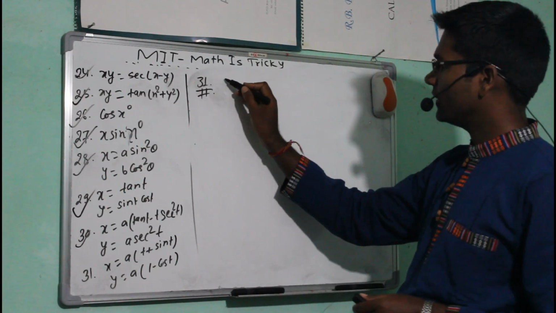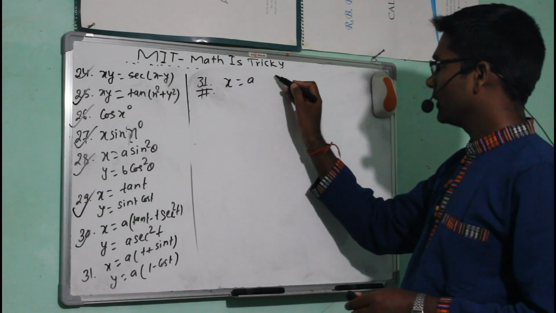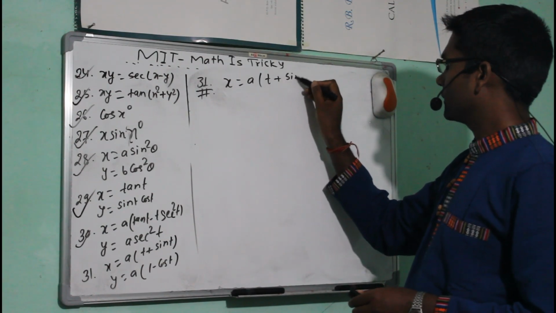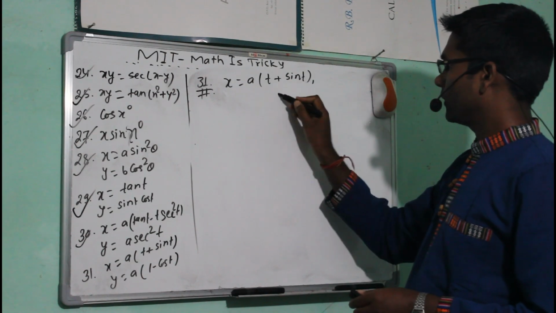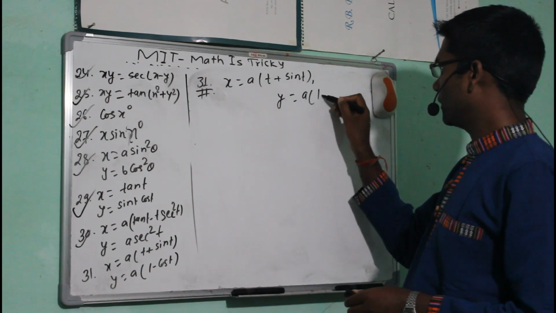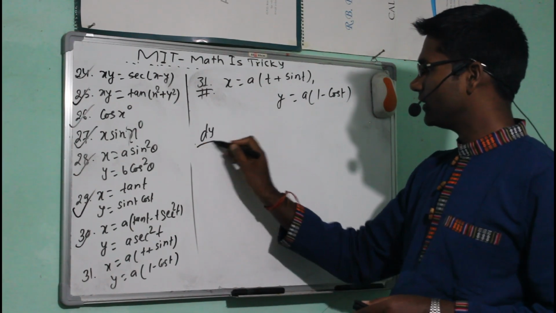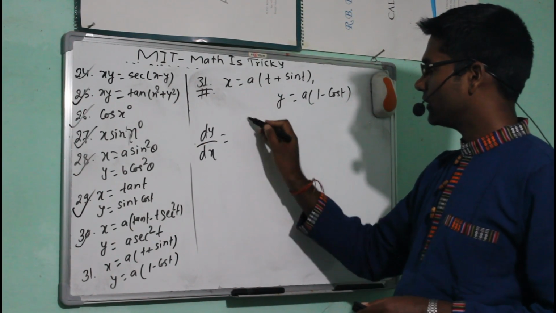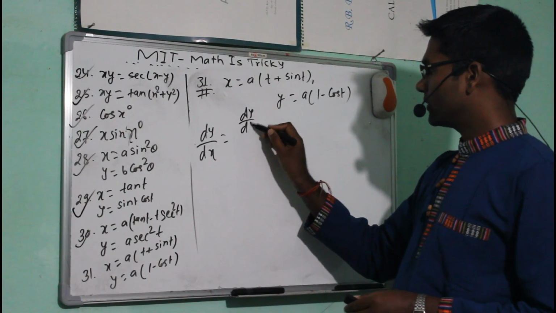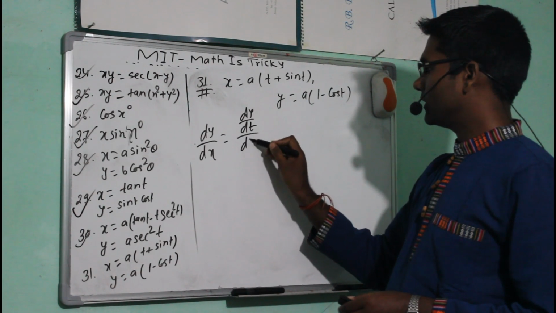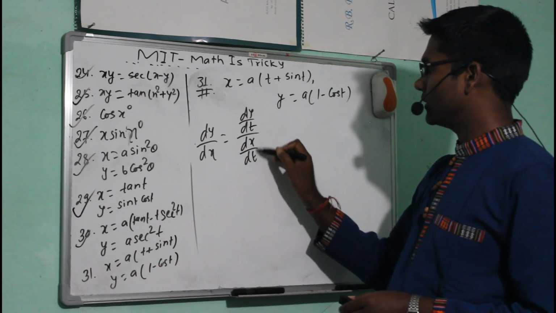Like question number 31, x equals a times t plus sin t, y equals a times 1 minus cos t. Let's differentiate. Again we have to find dy by dx, so we'll differentiate y with respect to t because y is a function of t, differentiate x with respect to t because x is a function of t.